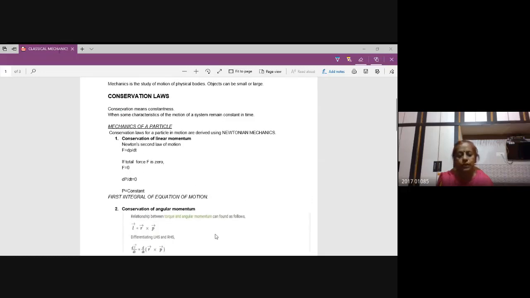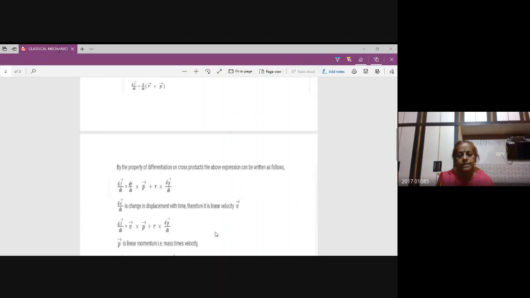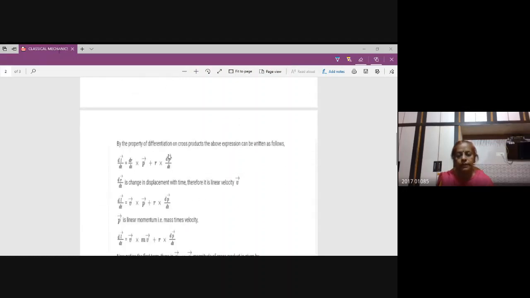Using the cross product property, here dr by dt is velocity, putting dr by dt to be v.